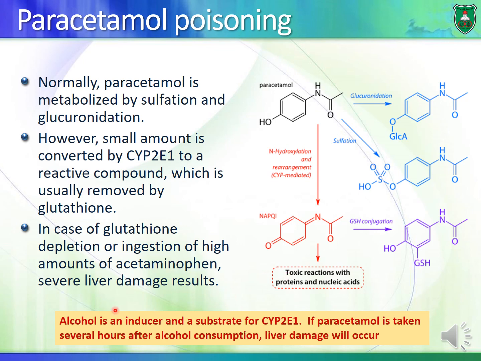An important note is that alcohol is an inducer and a substrate of cytochrome P2E1. This means that people who take paracetamol several hours after drinking alcohol are susceptible to liver damage, because they would produce more of this toxic molecule.